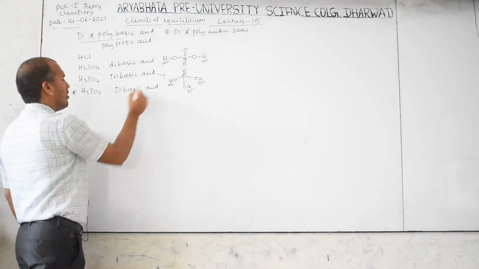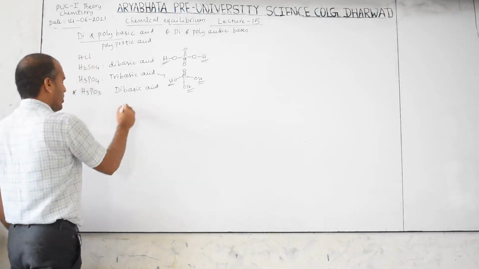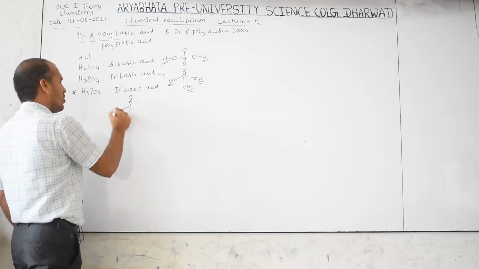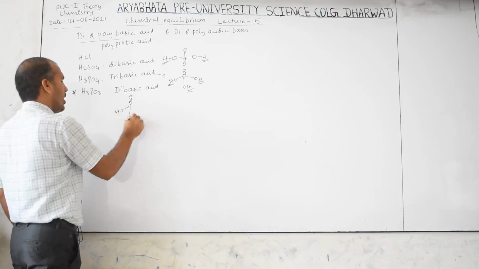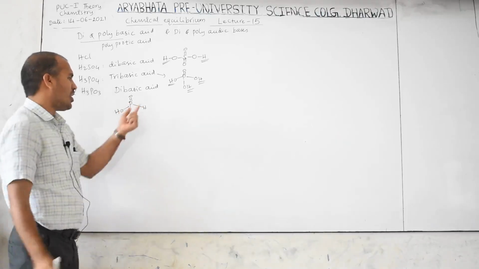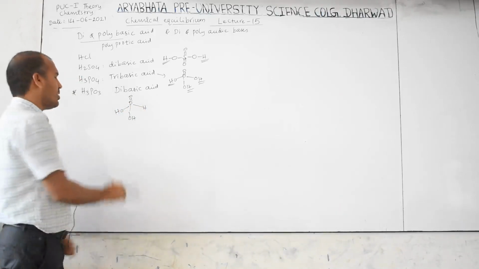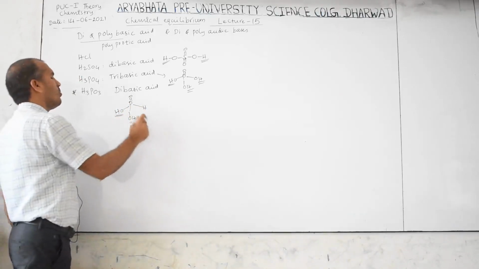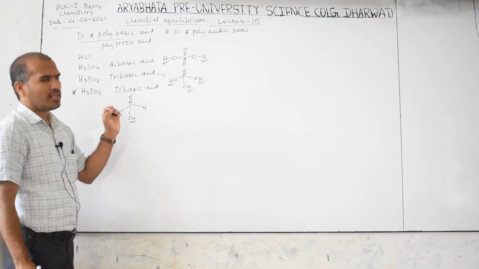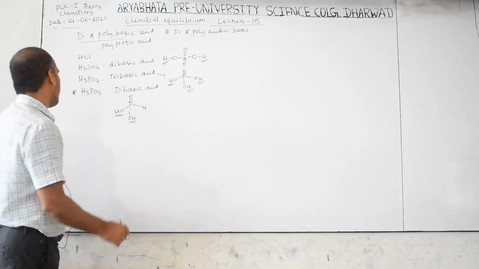For dibasic acid H3PO3, its structure is P double bond O, OH, OH, H. The hydrogen which is directly bonded to the central atom is not replaceable, only the OH hydrogens are replaceable. Therefore this is a dibasic acid, which is very important.